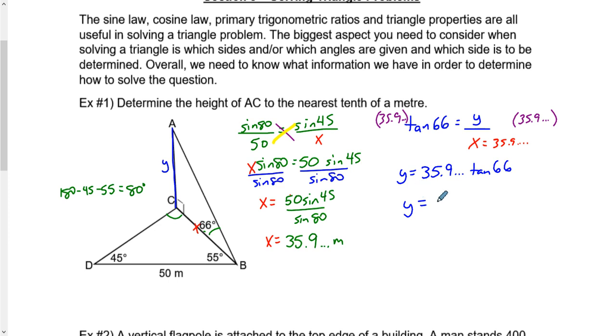I can get a nice and accurate answer so that I don't have any rounding issues. That'd have to be 80.6. And there we go.